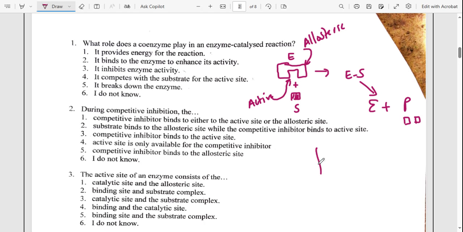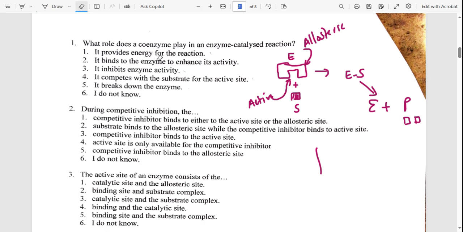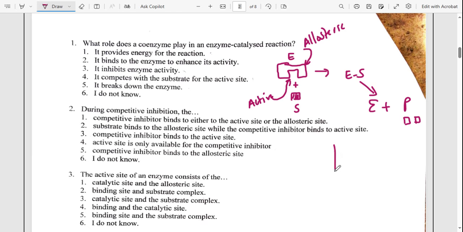Now, what enzymes really do is that when you are talking about any reaction, a reaction only happens when you overcome the activation energy barrier. From this point to the maximum point, we call that the activation energy barrier. Every reaction has reactants and then products at the end.